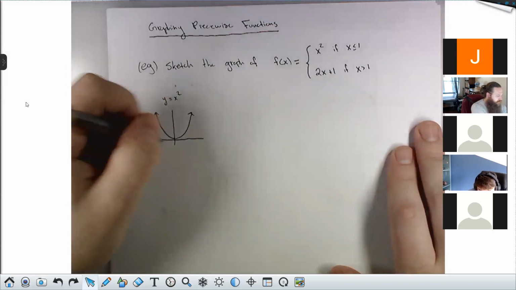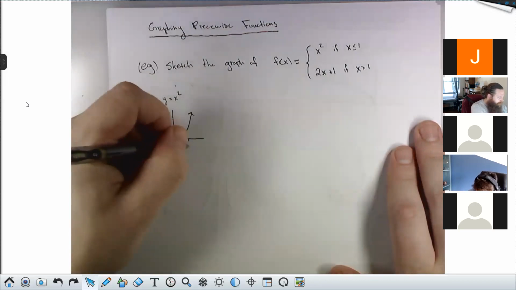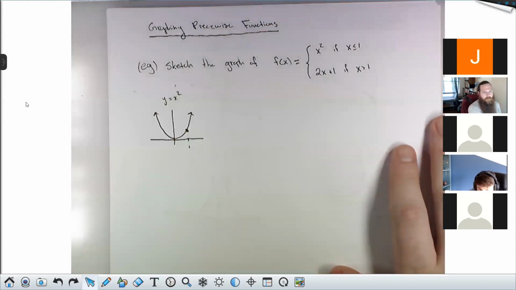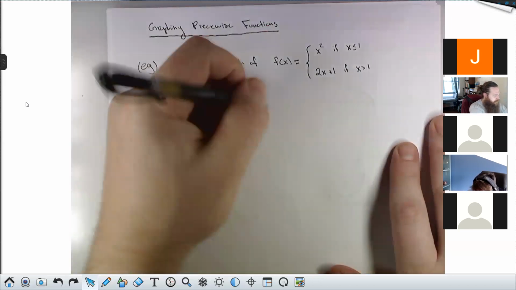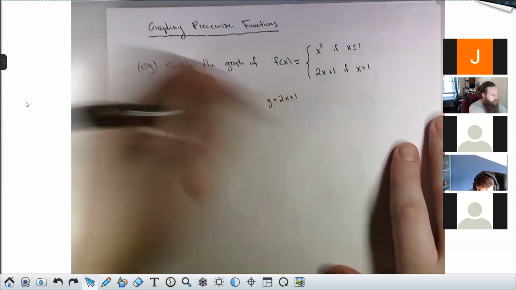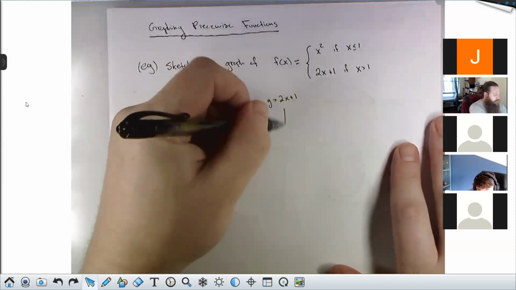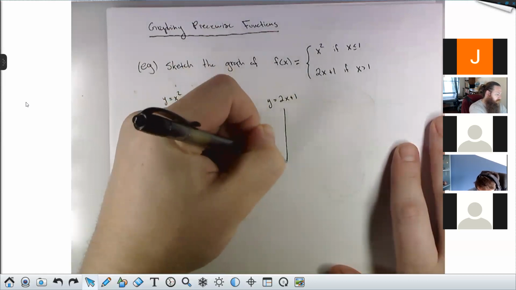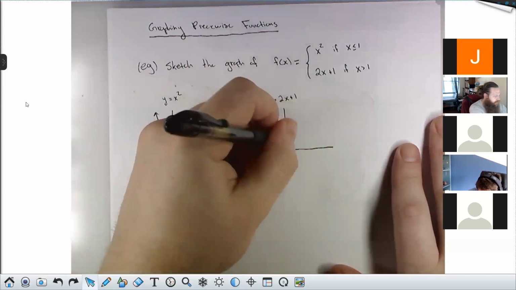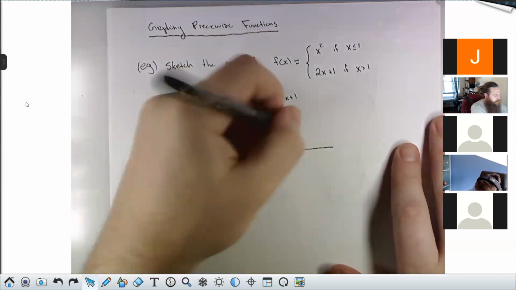So I want to make sure I draw 1 on here. All right, so there's the point on my graph associated with x equals 1. My other piece is y equals 2x plus 1. So let's draw that graph. That's a line with slope 2 and y-intercept 1.